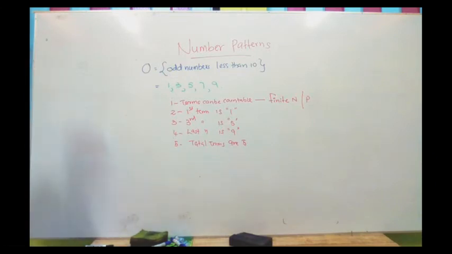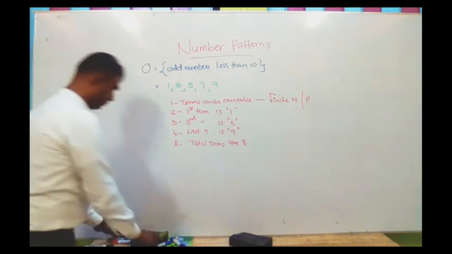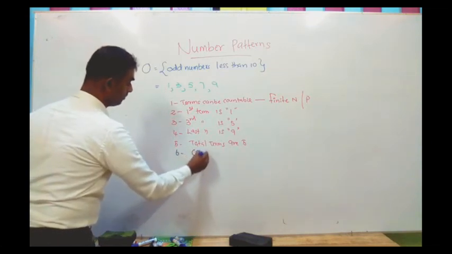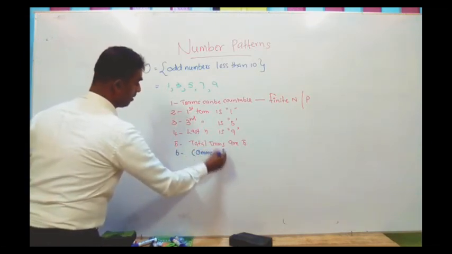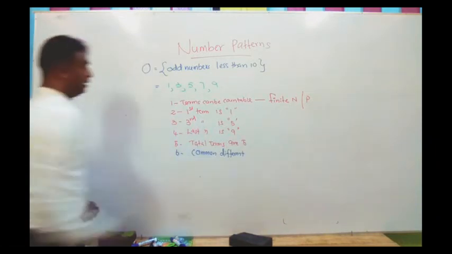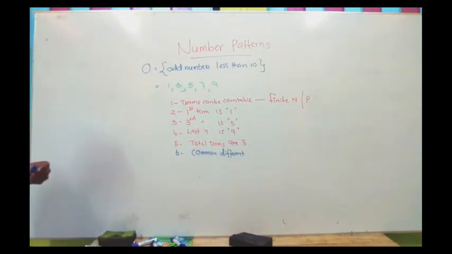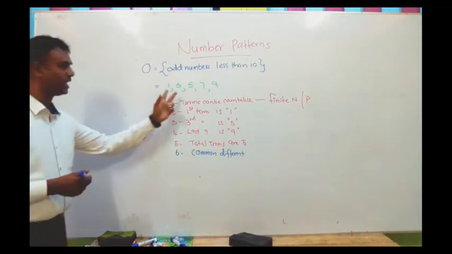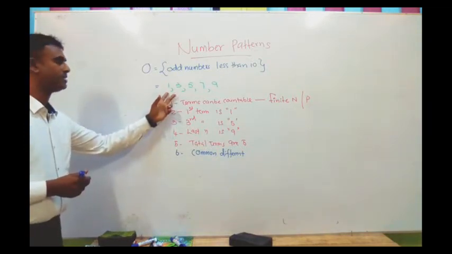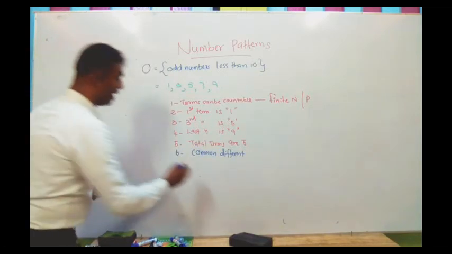Next question, common difference. How do we find the common difference? Firstly, we want to select the two closest terms. I select 1, 3.